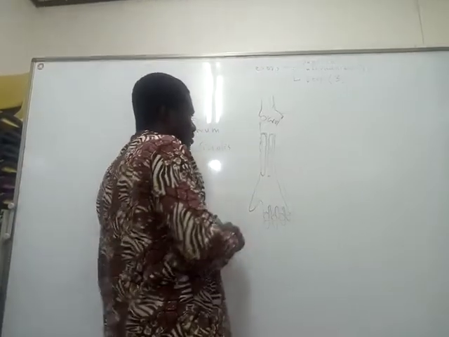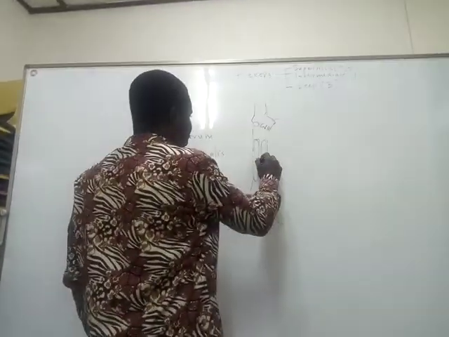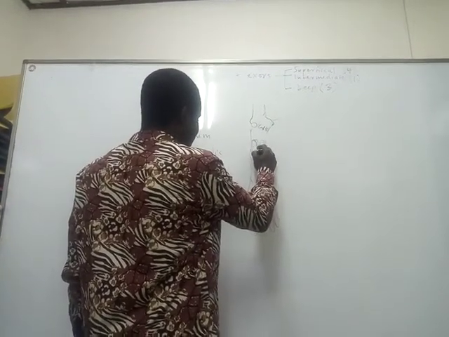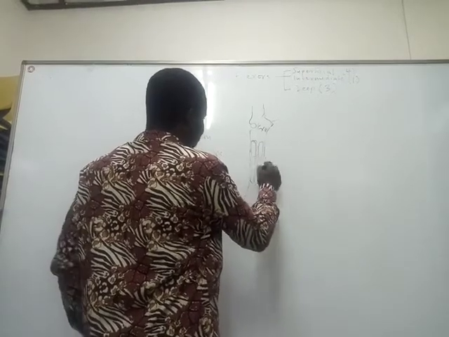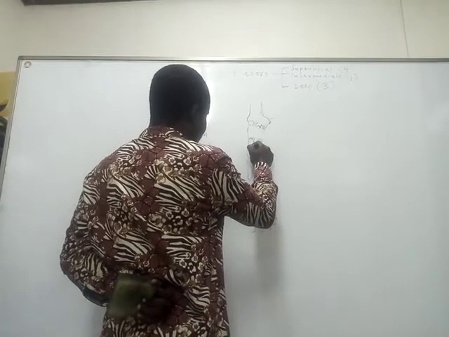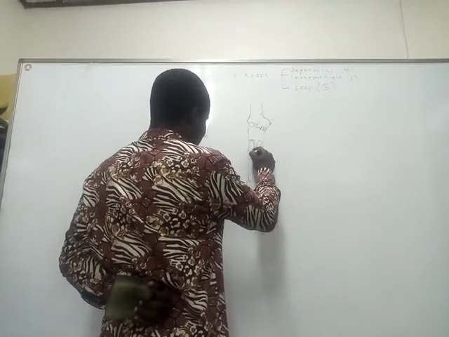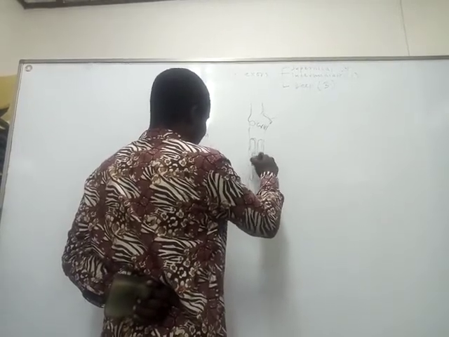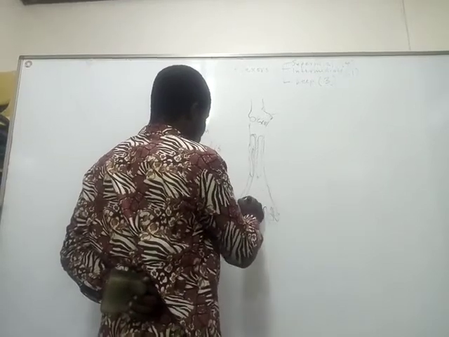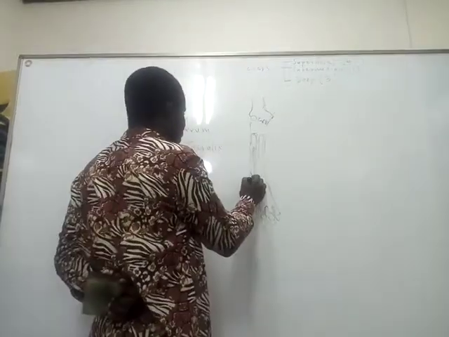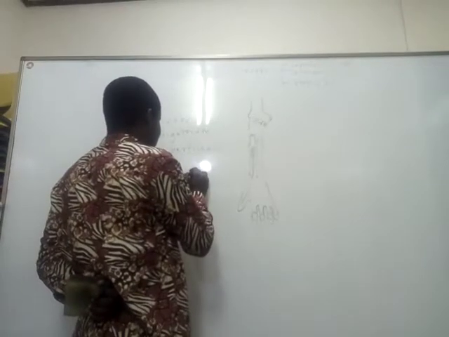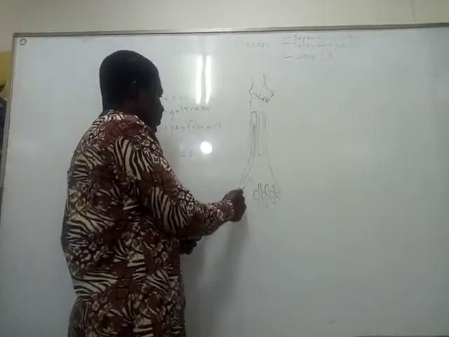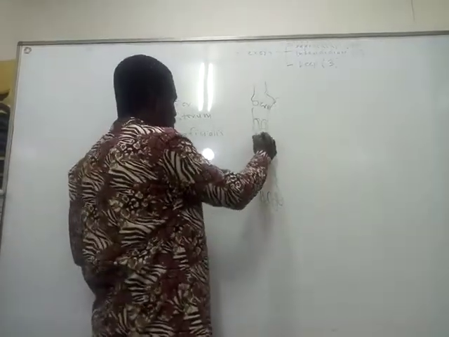Now, there is one muscle which is coming all the way from here to the thumb, and it's known as flexor pollicis longus. Flexor pollicis longus, because it's going to the thumb. It's going to flex the thumb.